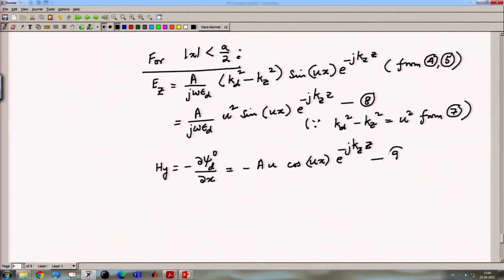We call this equation 9. Okay. So, this completes the fields inside the dielectric. We will continue next with the fields in the air region. Let us pause here.